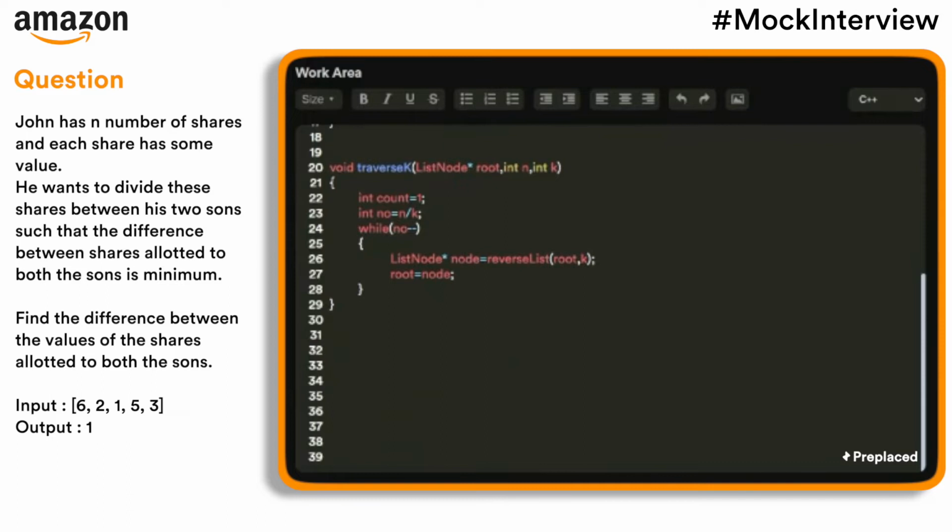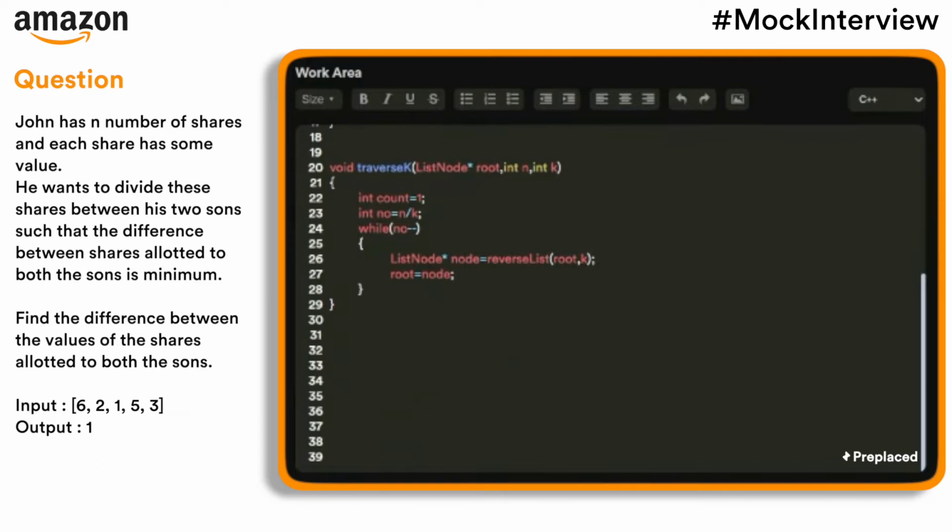The total sum minus sum of I should be minimum, as close as possible to sum itself. Correct. The person here wants to divide his shares equally, right? So what is the best case scenario? That both the sons get equal value of shares. Yes.